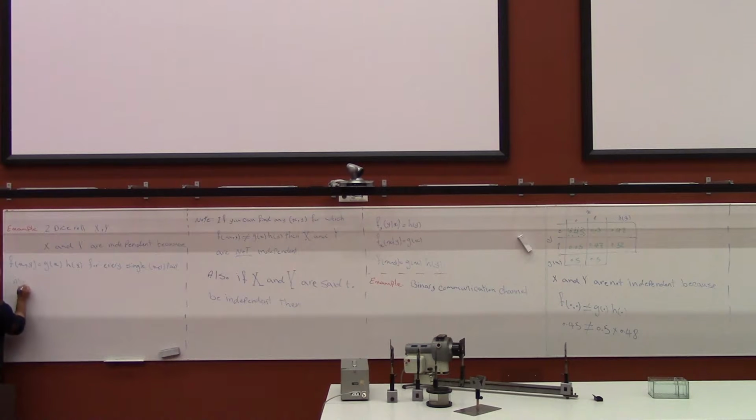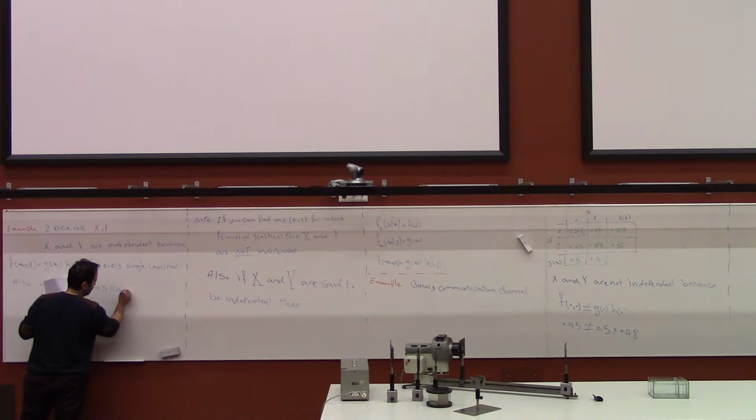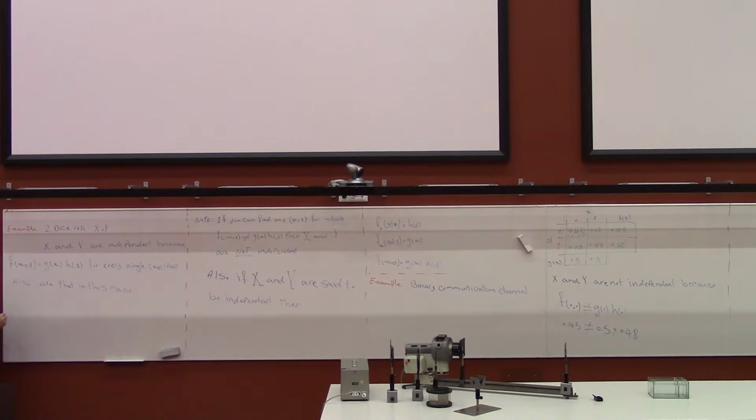Also, note that in this case we can write it like this: f(y | x) is equal to f(x, y) over g(x).